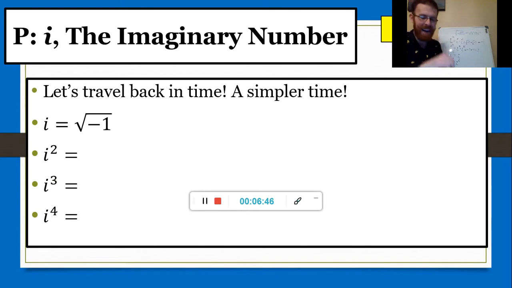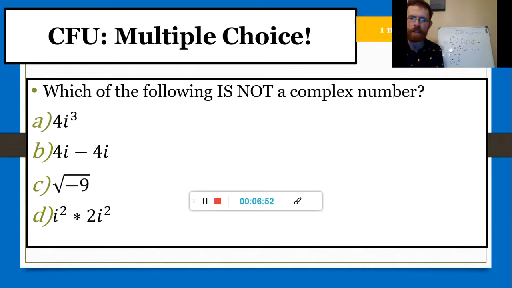But anyways, if you are one of my students, you know what happens next when you get to the next page. I'm gonna check for understanding. Now I'm gonna handle these a little bit differently. Because it's an online class, I'm gonna give you about 5 seconds just to pause it, try to figure out what the answer to the problem is, and then we'll move on. It says, which of the following is not a complex number?